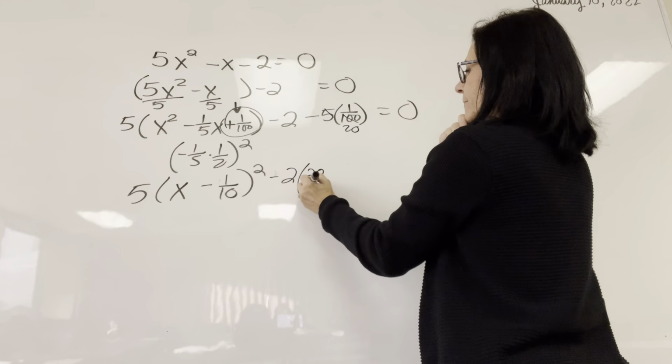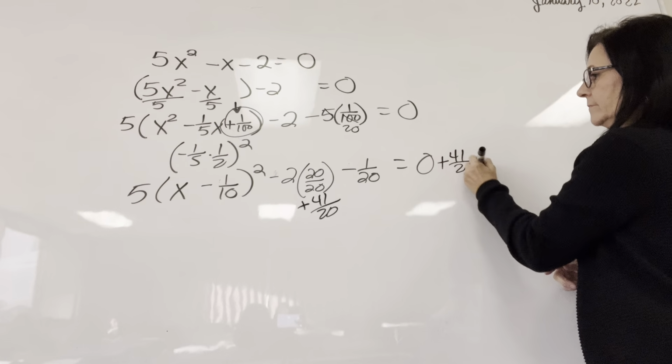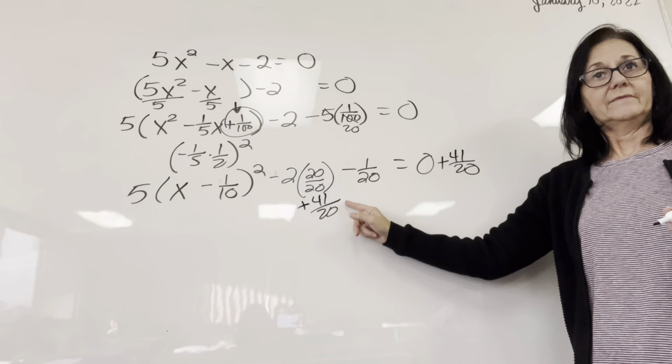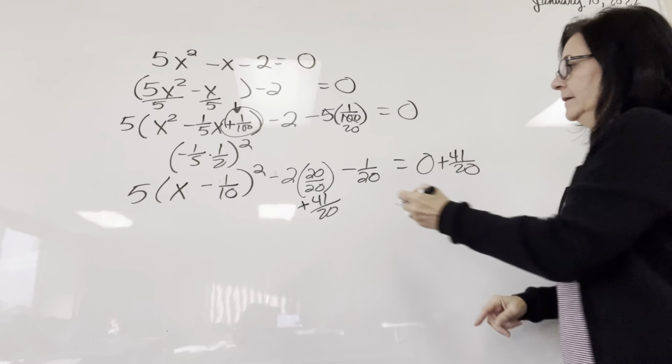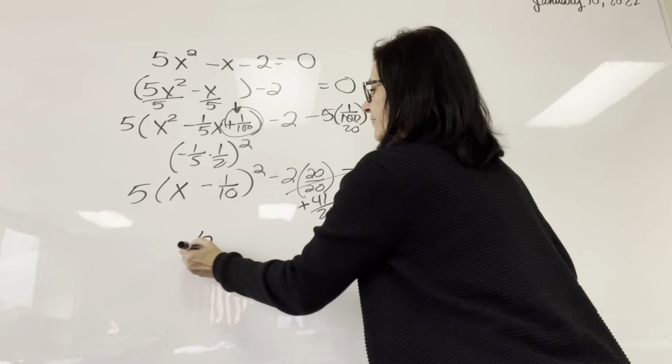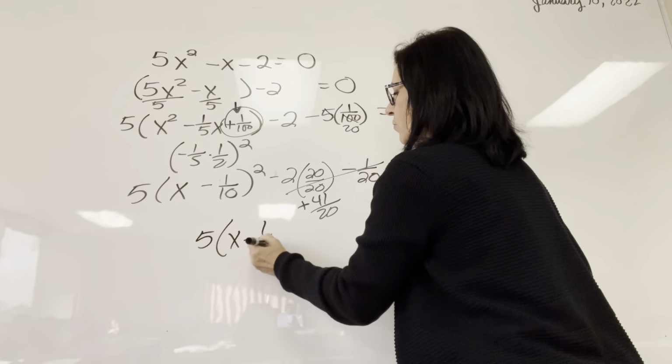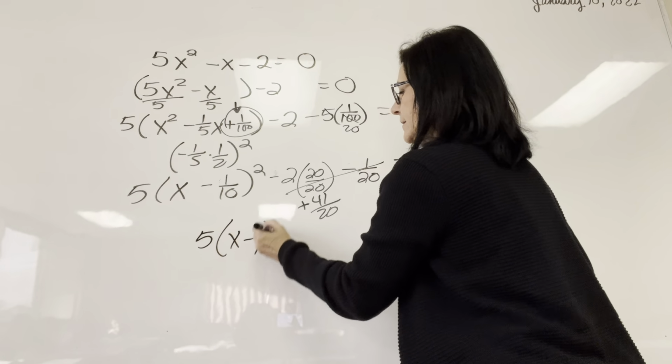So I'm going to add 41/20 to both sides. Make sense what I did? You with me? So I'm left with 5 times x minus 1/10 squared equals 41/20.